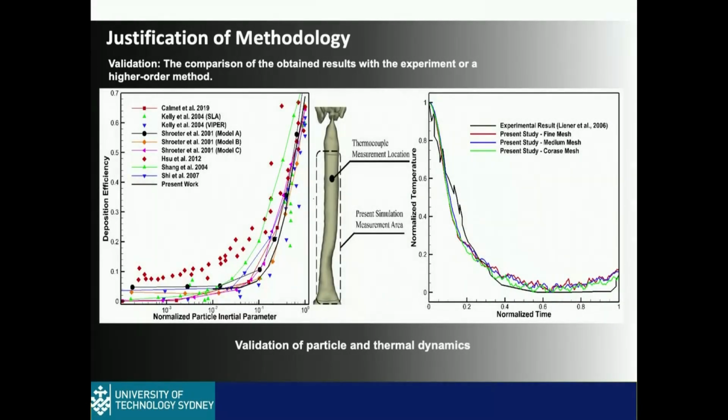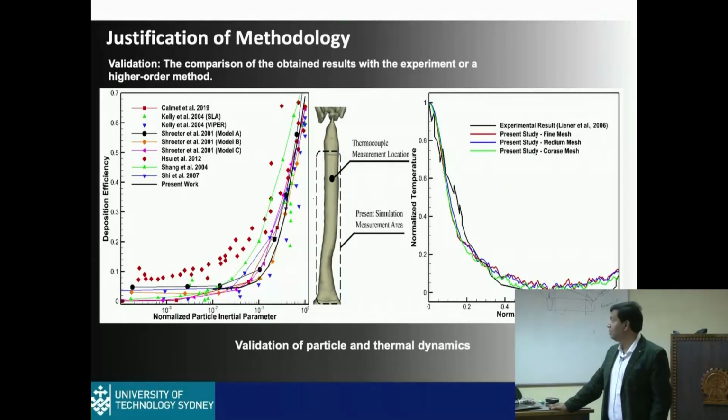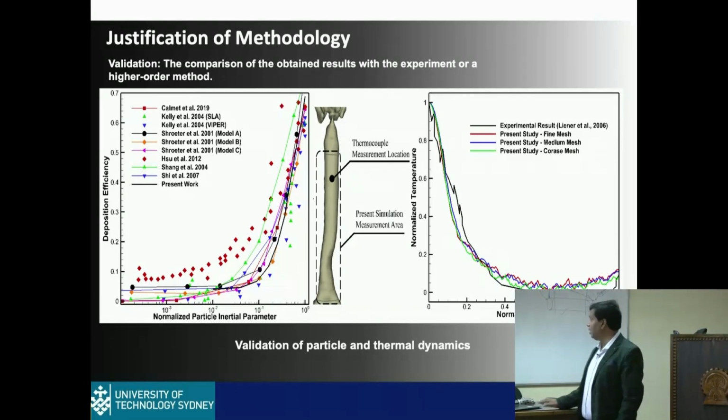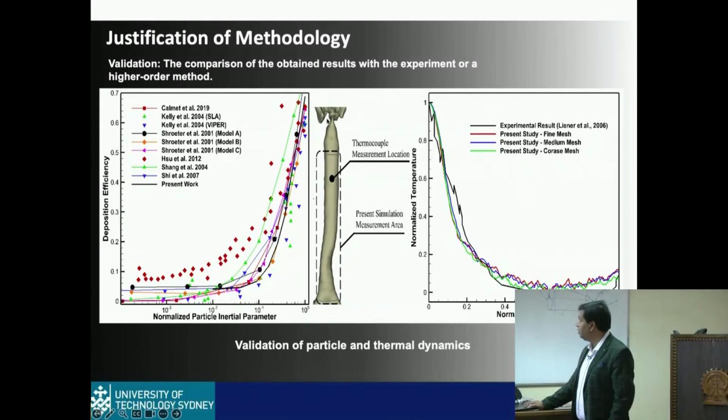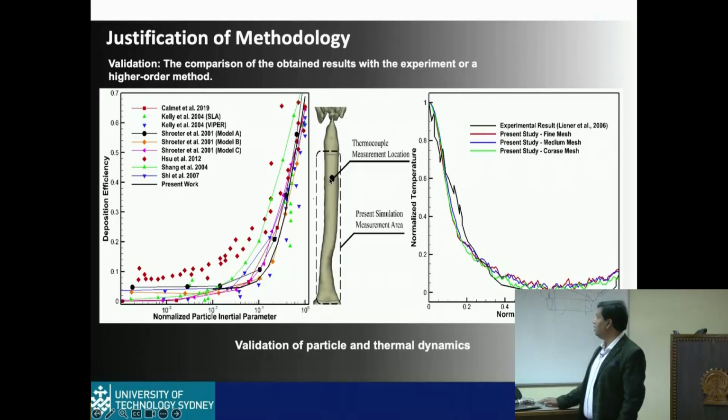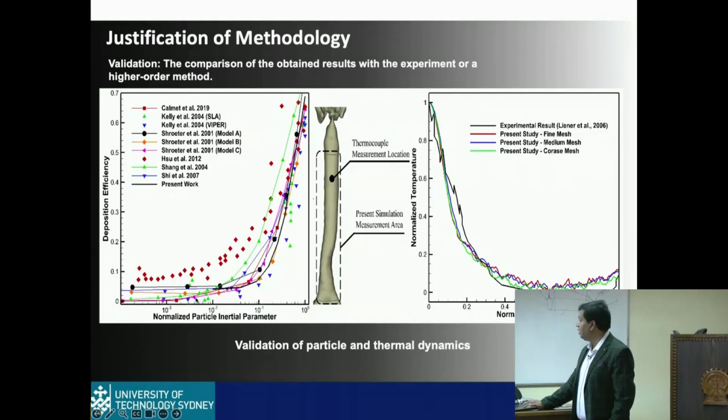Again, as I told a couple of you, there is another way we do validation, for a specific part of the lung, the trachea. For the trachea, some other researchers calculated the deposition efficiency with the normalized particle inertial parameter, and we also got our results, and they follow the trends.